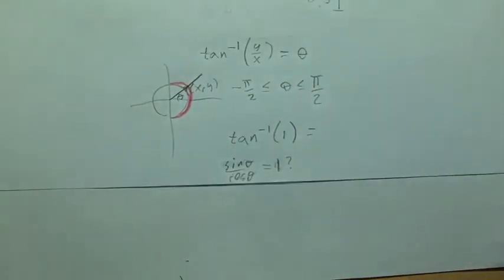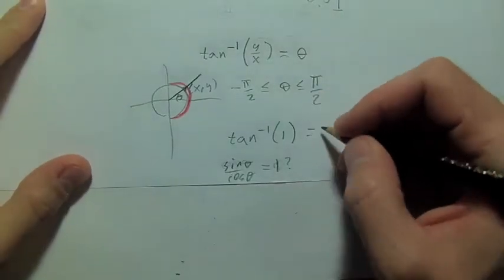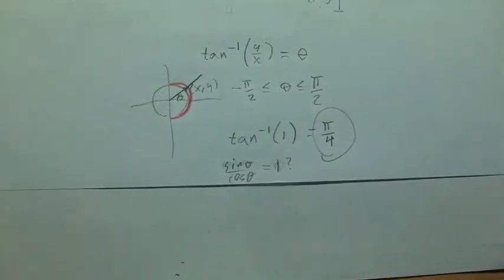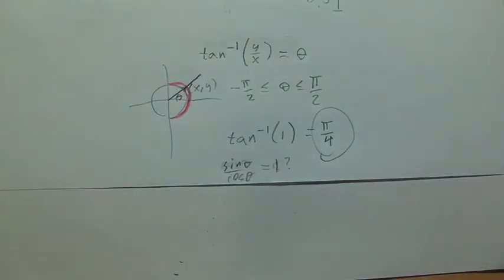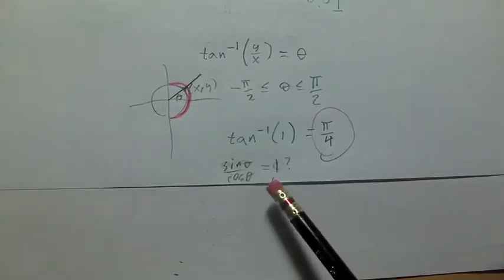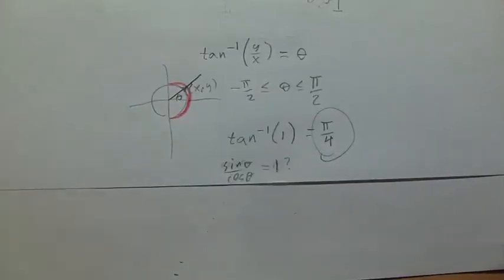Well, when do sine and cosine match? Pi over 4. So the trig ideas are a little tricky, okay? But again, you practice them a little bit. Basically, it's just asking you what the angle is that will give you a tangent of that value, or what angle will give us a sine of that value, or cosine of that value.